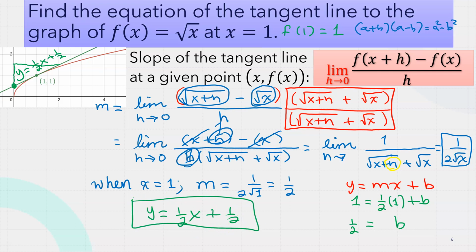Now, if you want to clear the fraction and make it even nicer, then we would say multiply everything by 2. So then you will have 2y is equal to x plus 1, or we would say x minus 2y is equal to, or you can say negative x plus 2y is equal to 1.